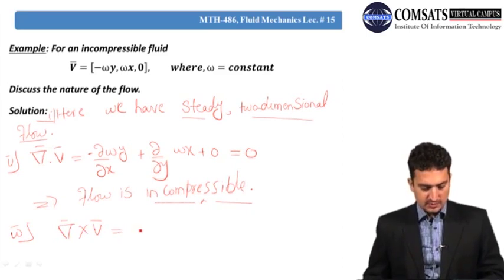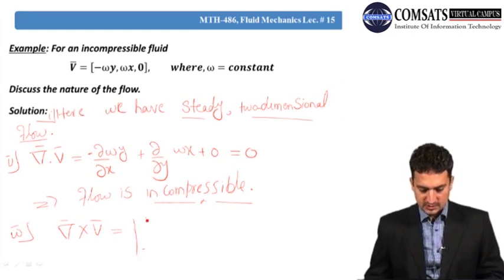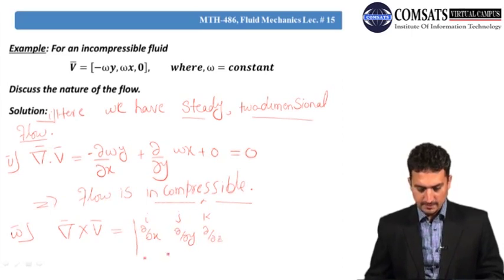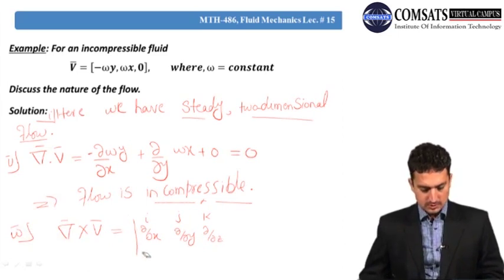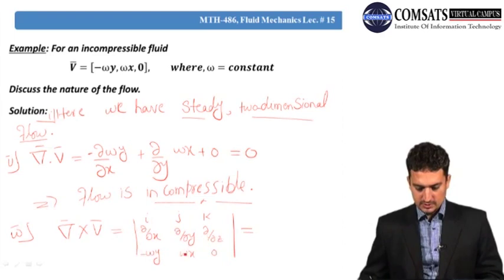and which comes out to be the determinant of i j k, partial by partial x, partial by partial y, partial by partial z, minus omega y, omega x and 0, and it comes out to be, the x component is 0, the y component is 0, and it comes out to be 2 omega k unit vector, which is not equal to 0.